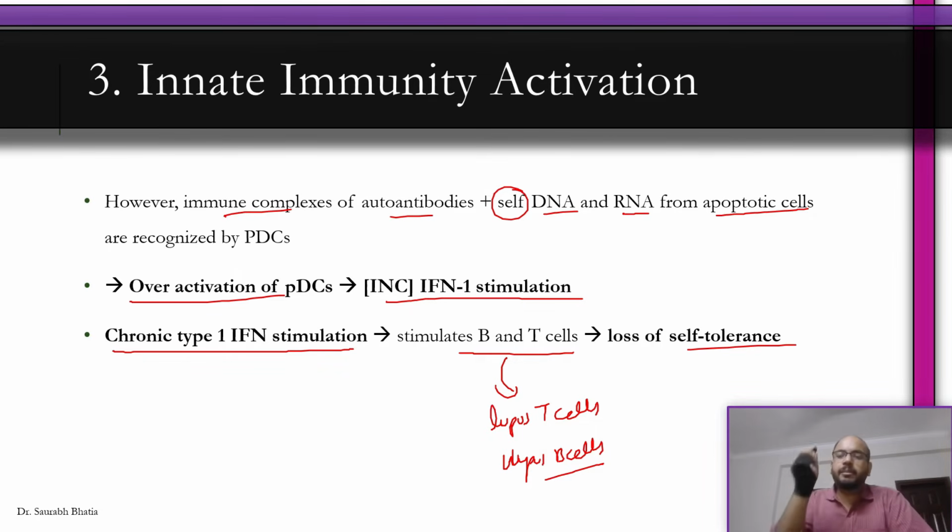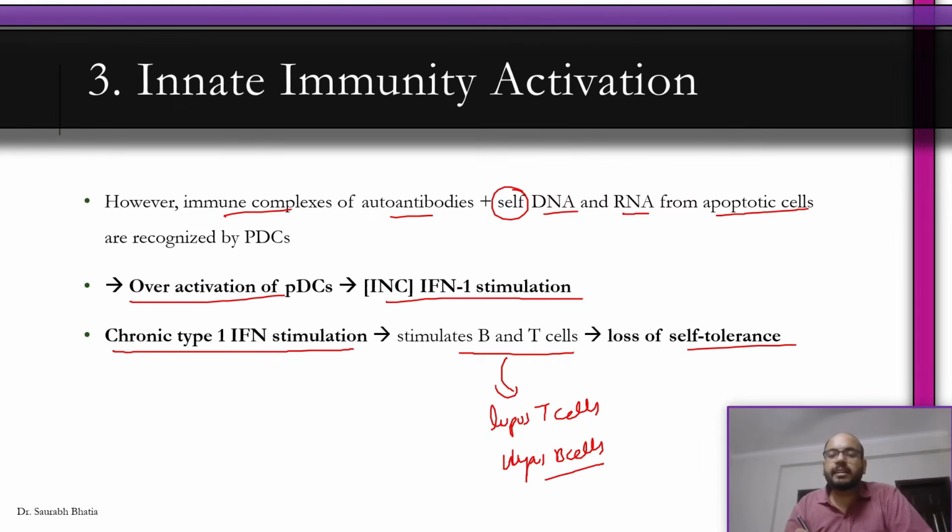Clear? So what happens is plasmacytoid dendritic cells recognize self-antigens, and after recognizing, they can stimulate TLR7, TLR9 and secrete type 1 interferons. When these are chronically secreting interferon 1, the stimulation can stimulate B and T cells, converting them into lupus T cells and lupus B cells, which have decreased tolerance, and because of this decreased tolerance, they lead to inflammation and immunity.